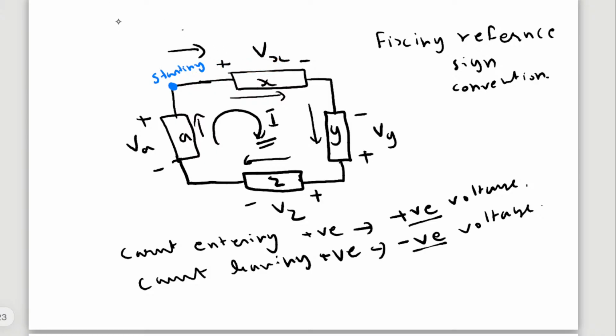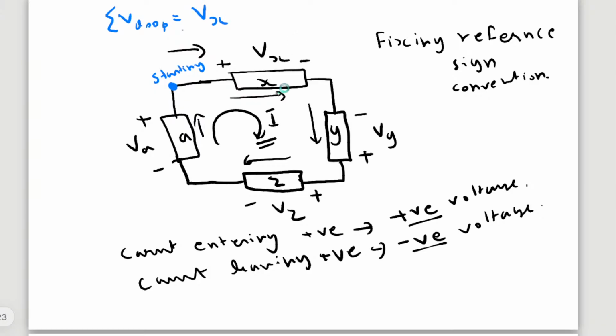So I can write KVL as sigma voltage in the loop equal to, the first one is current is entering this positive. So I will be taking current entering positive as positive voltage. So I can write Vx, that is positive.